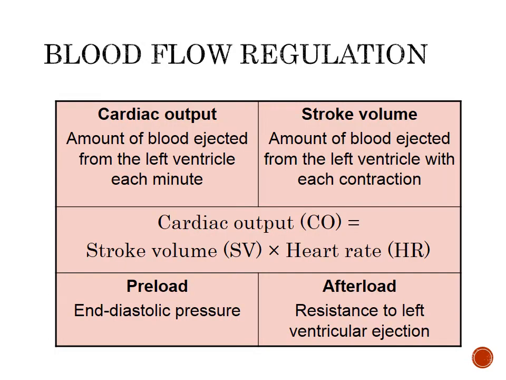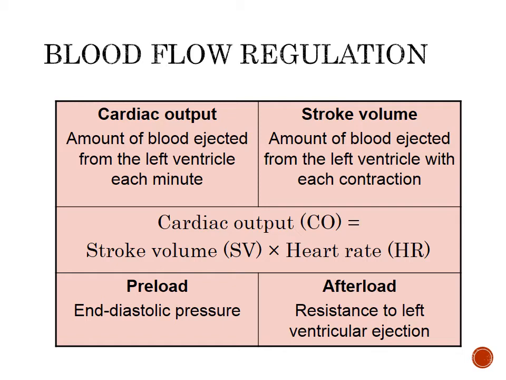And now we're going to talk about blood flow regulation. With cardiac output, a healthy heart has anywhere from 4 to 6 liters. That's your cardiac output, 4 to 6, and that's at rest. The volume of blood ejected from the ventricles during systole is the stroke volume. So cardiac output is going to be stroke volume times heart rate.